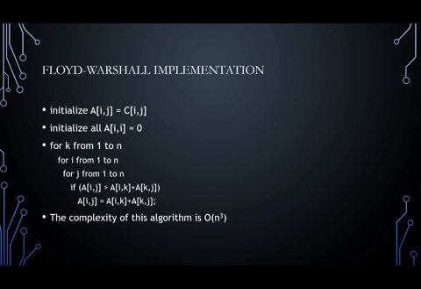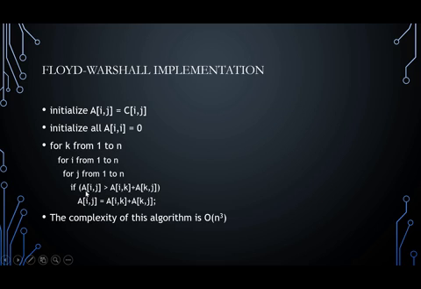If you look at the algorithm, it is very simple and very easy, right? Initialize A of ij equal to C of ij, and for all A of i comma i, that is the principal diagonal elements representing the self loops, A of i comma i is equal to 0. Then for k equal to 1 to n, for i equal to 1 to n, for j equal to 1 to n, three levels of for loops.